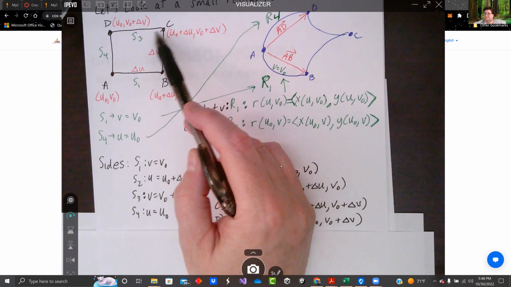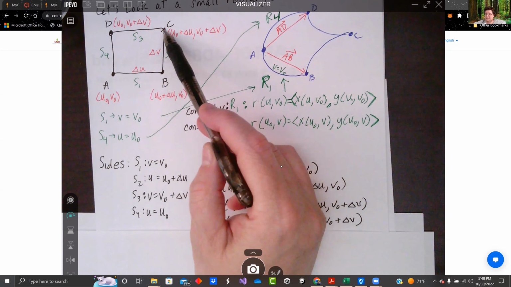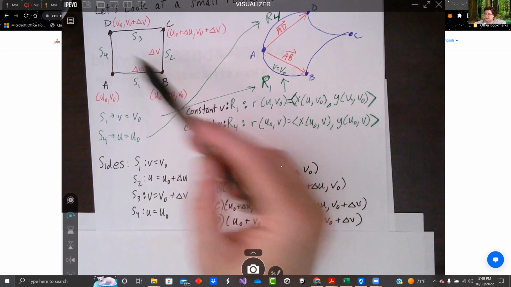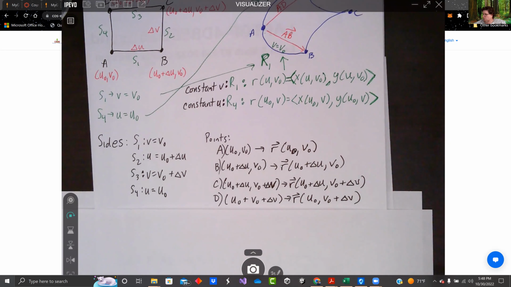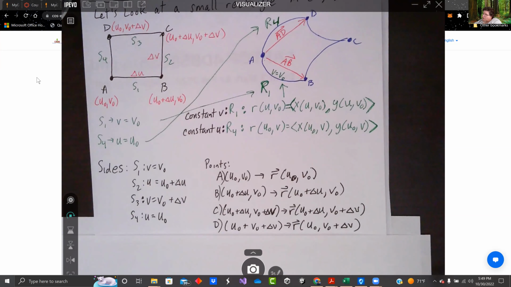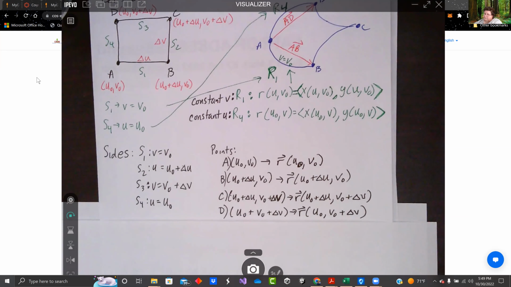V is a constant value of v naught, which is the bottom line, plus delta v, the rise up to this line. So that'll be side 3, and then side 4 is back to u equals u naught. And we just map the four points, A, B, C, and D, into the vectors, okay? And maybe we could write what the vectors look like. Those are points, so I'm just drawing a vector to the points, sorry, not the sides.